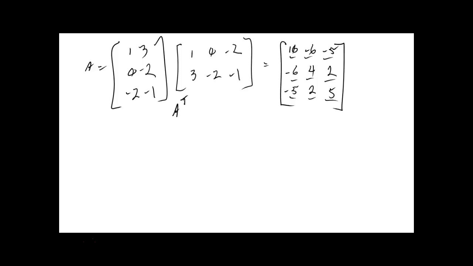What if you did those in the reversed order? Multiply this one over here and that one over there. What would you get? They would be a different size. This would be a 2 by 3 times a 3 by 2. That would be a 2 by 2. It'll still be symmetric, but it's definitely not going to be the same symmetric matrix. So that's the thing to watch out for.